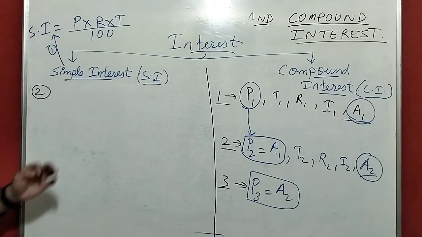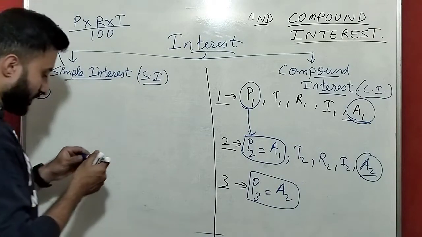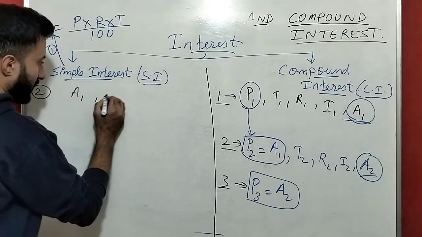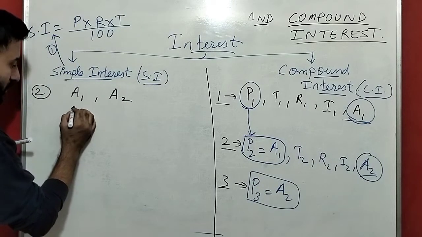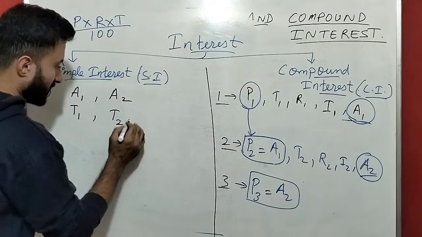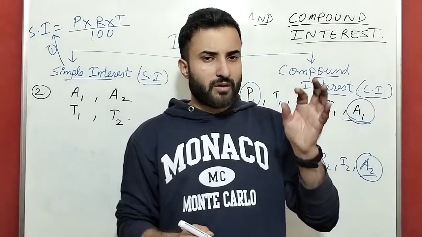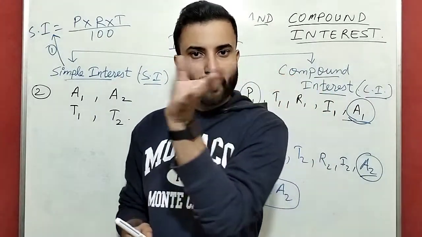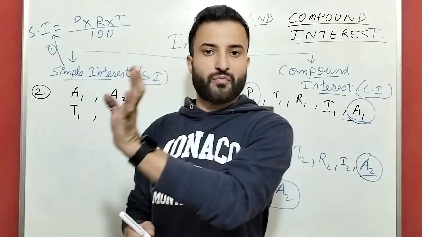Now for the second, if two amounts are given, suppose the amount 1 for this much time period, amount 2 for this much time period. Suppose they have given an amount of 5,000 for 3 years, and another amount of 8,000 for 5 years.